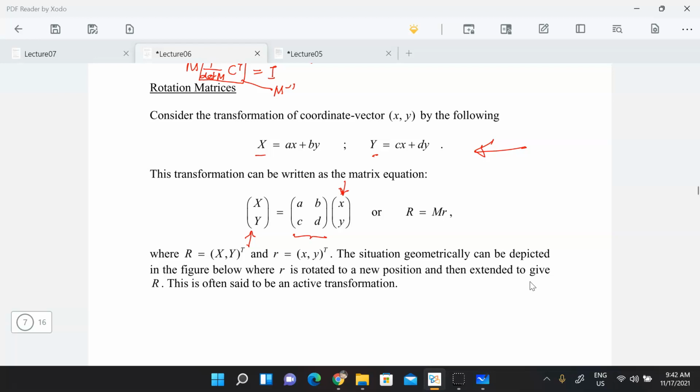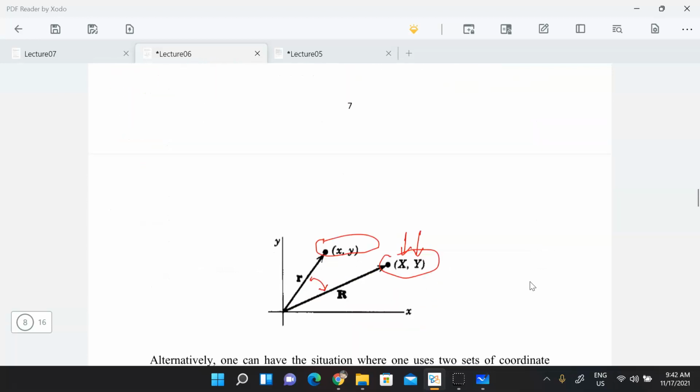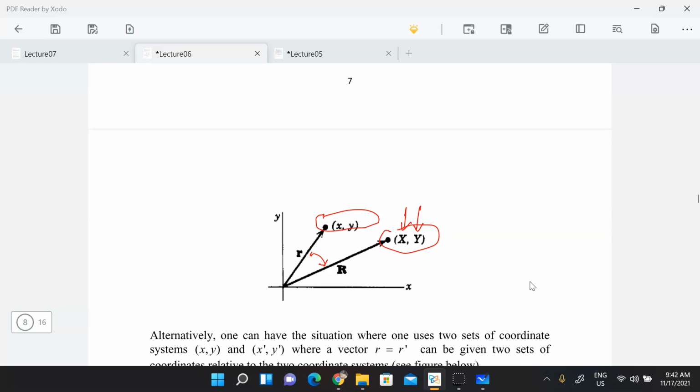This is what we call an active rotation: we take a particular point and rotate it to get to another point.